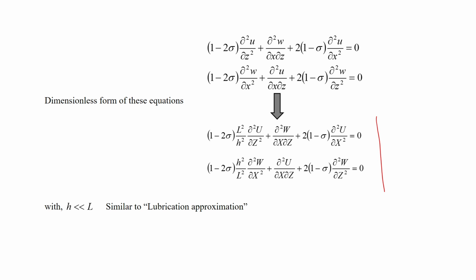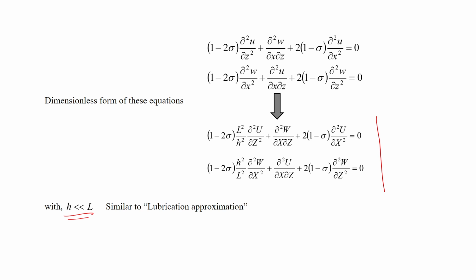Notice, as I have already said, that H by L is much smaller than 1. If you remember in fluid mechanics, you had this kind of situation when you solved the boundary layer problem, where you used what is known as the lubrication approximation.